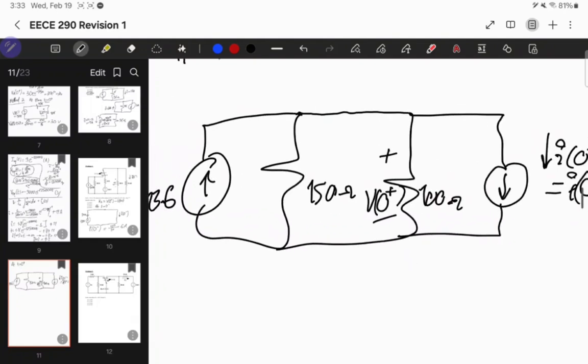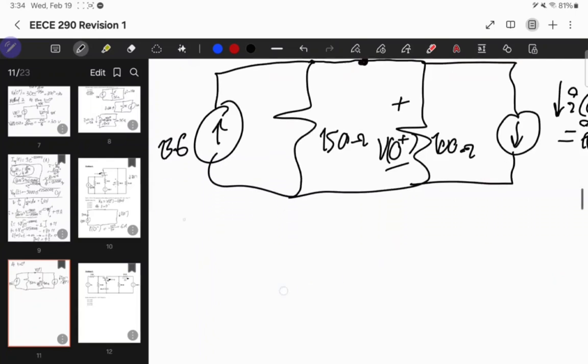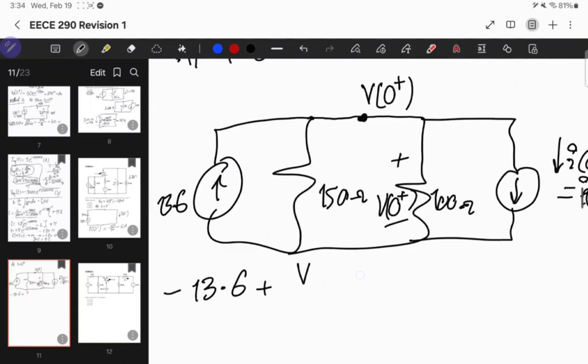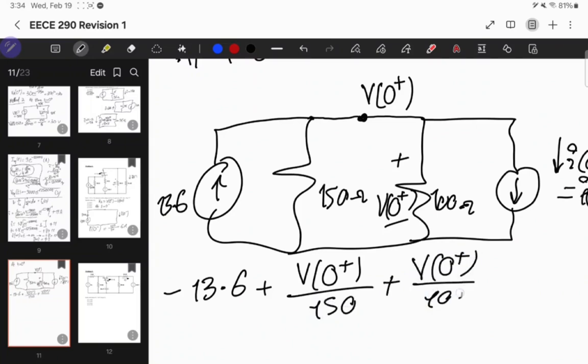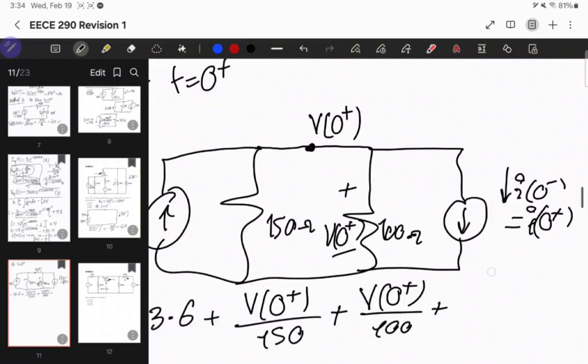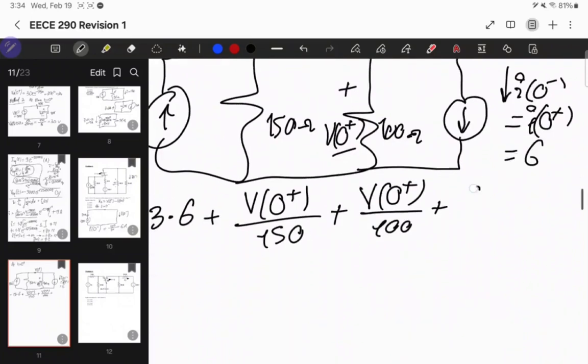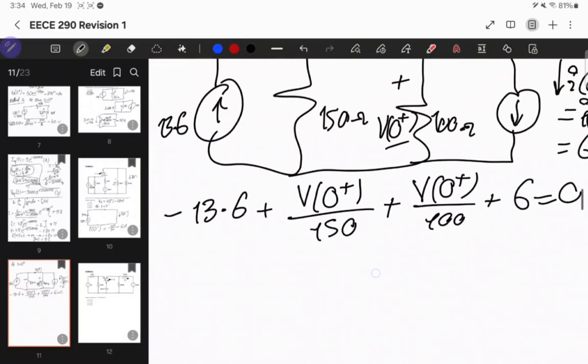I can do multiple things, including source transformation maybe, or a KCL. Actually, a KCL is very easy. So let's call this node V0 plus, and let's do a KCL. Flowing into the node we have minus 13.6 plus V0 plus over 150 plus V0 plus over 100 plus the initial value of the current, which we got to be 6, so plus 6, all equal to 0.